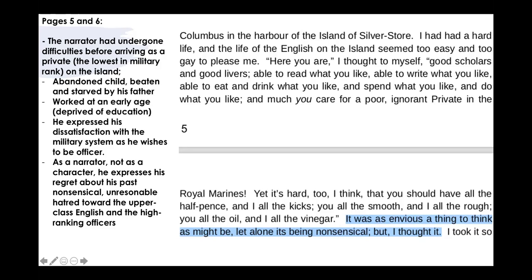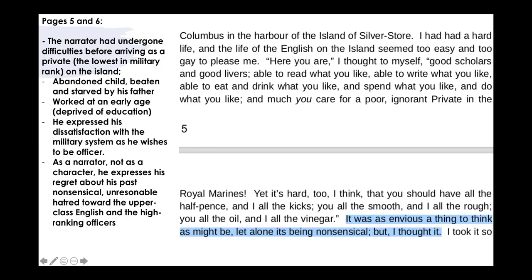But I thought it, and look, he's using the simple past here, which means the narrator now is more mature than in the past. In the past, he used to feel jealous toward the upper class people, toward the higher ranking officers.